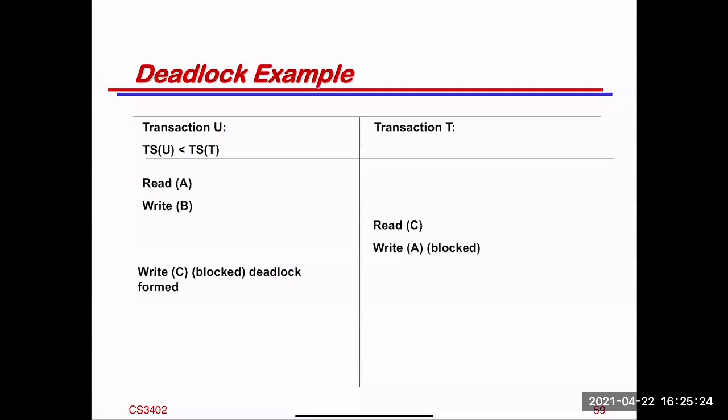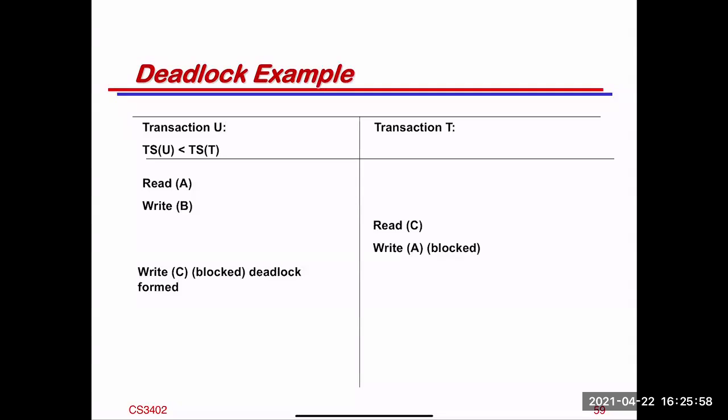So here we have two transactions, U and T, and we're assuming that the timestamp of U is less than the timestamp of T. Again, you can think of the timestamp in terms of counting the operations, but that's just one way. And also what I mentioned is that sometimes we're not really looking at timestamps, but we're giving them priorities. All right, so this is the schedule that we have here.